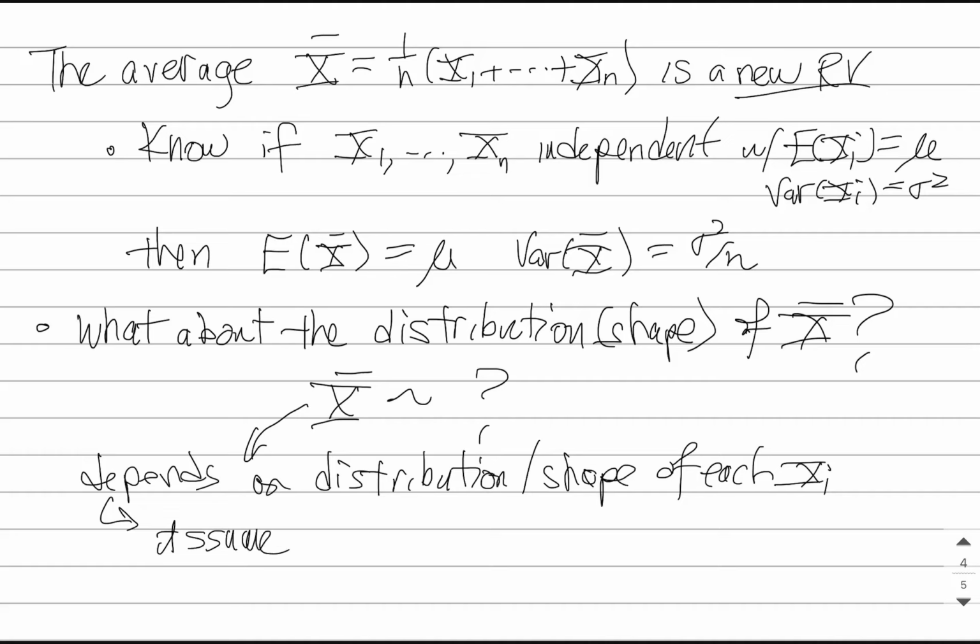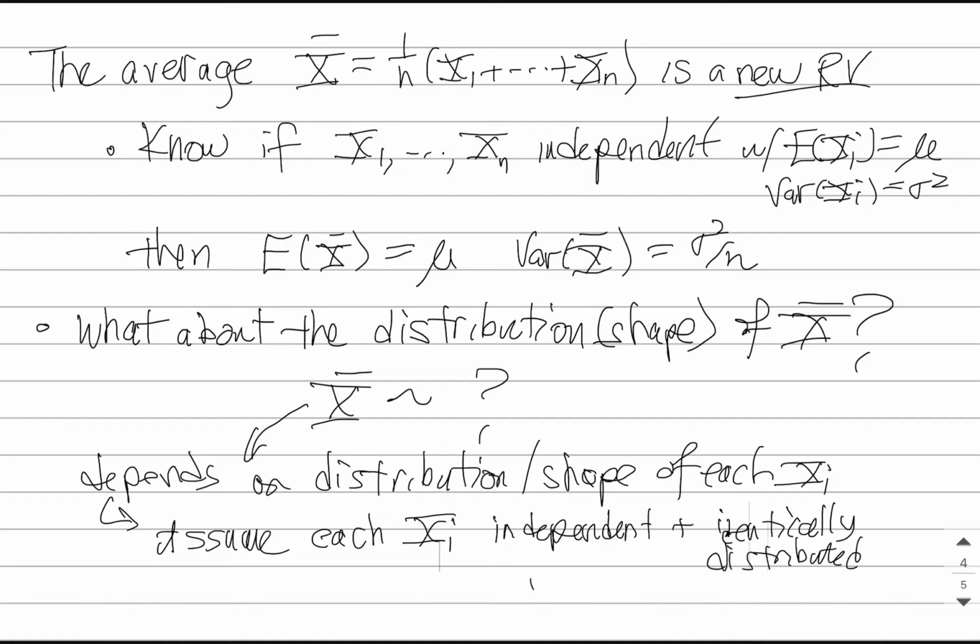We're going to assume that each xi is not only independent, but we're also going to assume that it's identically distributed. So each xi is independent of all the others, but they all have exactly the same distribution and therefore the same expected value and variance like we assumed above.